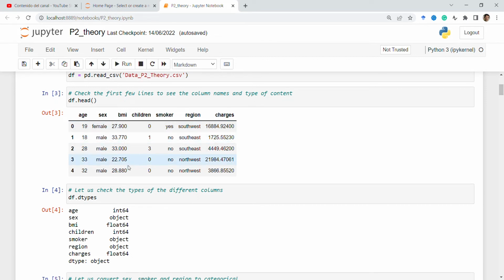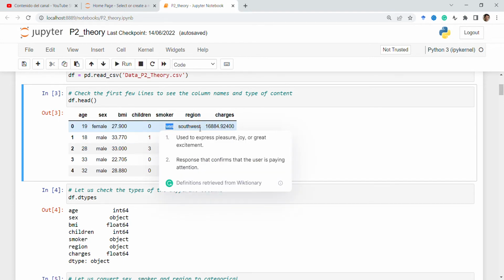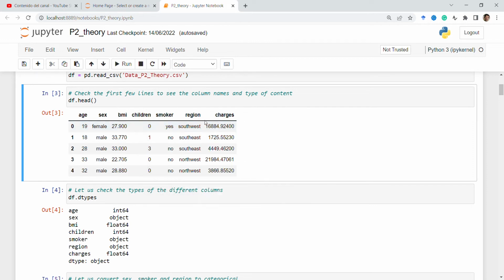So we have a number of people, of which we have the age, sex, body mass index, that is a number that reflects how thin or fat you are, number of children, whether they smoke or not, the region in the US, so southwest, southeast, northwest, etc., and the annual charges for the health insurance.